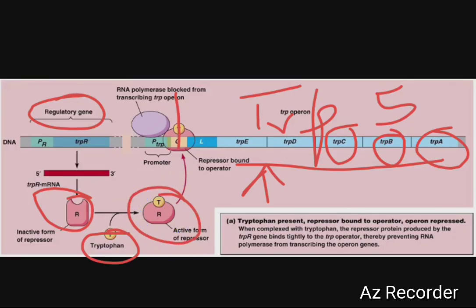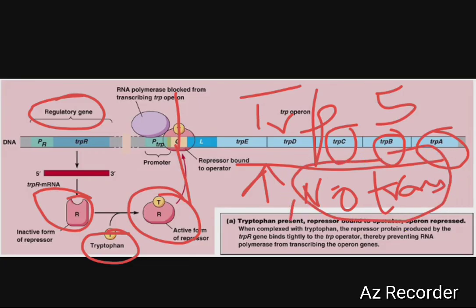It becomes active. Now the active form of the repressor will bind to the operator, so there is no transcription. Okay, so when there is a high level of TRP, no transcription of structural genes occurs.